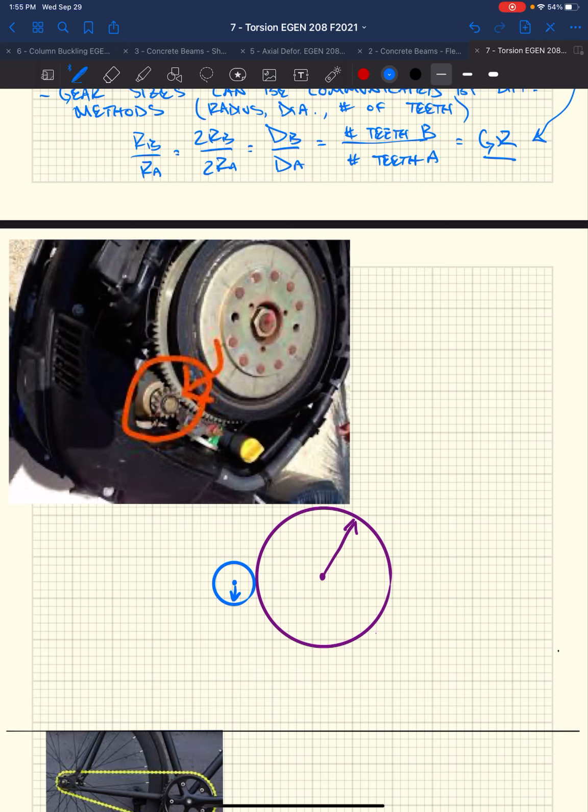Give it more power. In order to do that, you give it a small gear so that the force applied here over the moment arm is small, but now you have this force applied over a large moment arm, so you're applying a huge torque. So the flywheel is large.